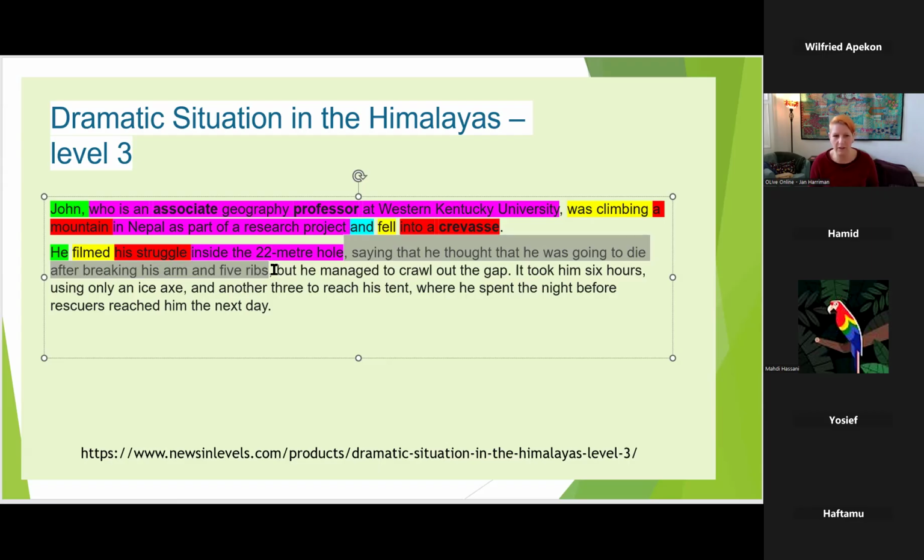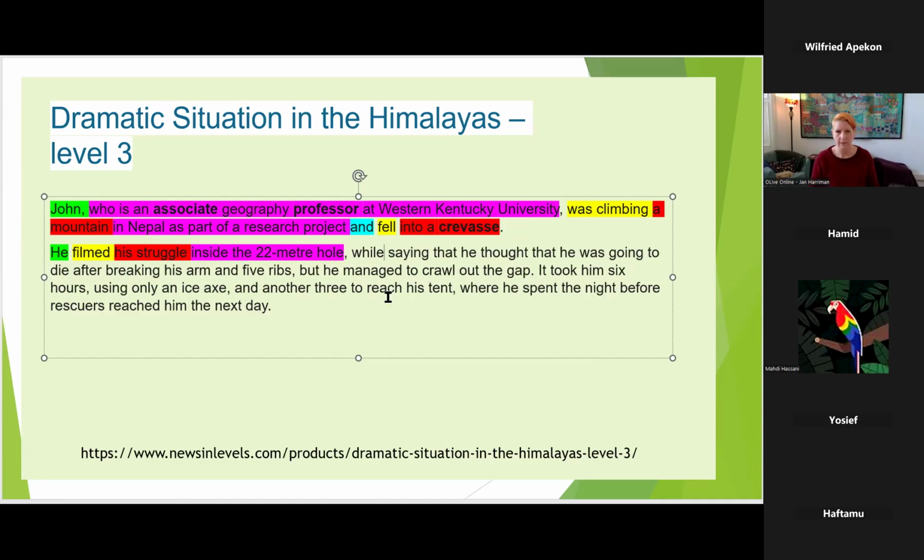He filmed his struggle inside the 22-meter hole, while saying that he thought he was going to die after breaking his arm and 5 ribs.